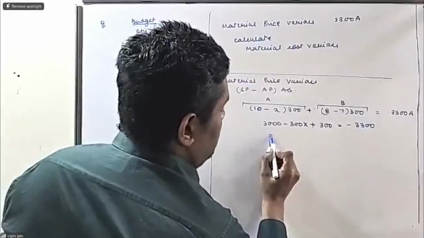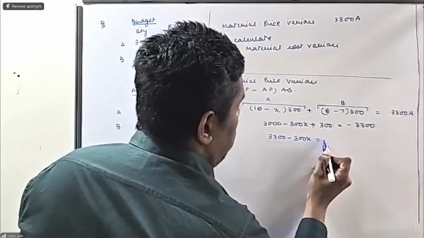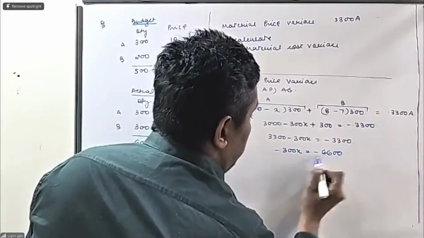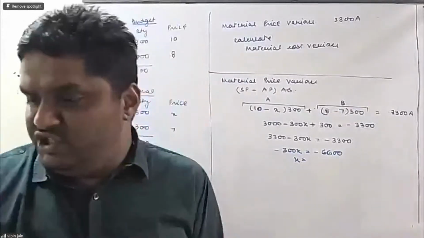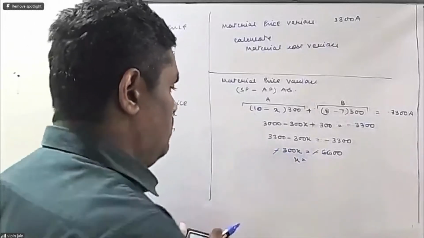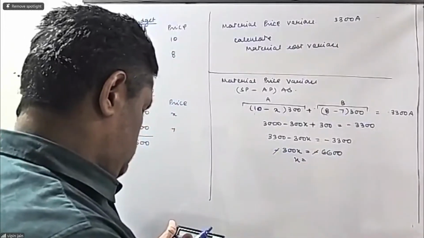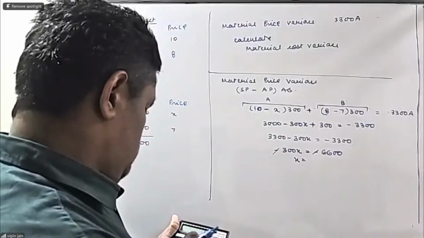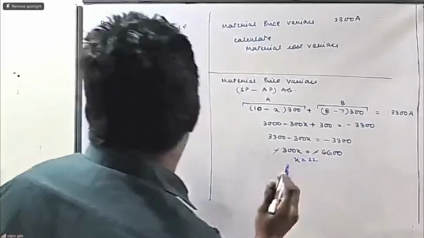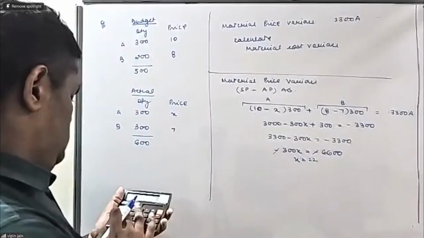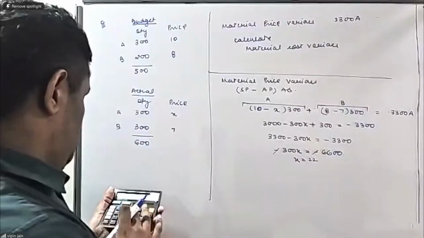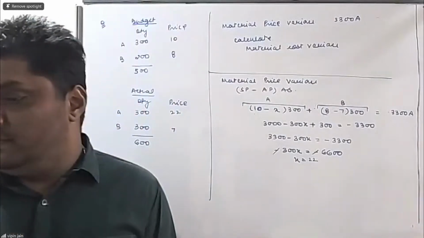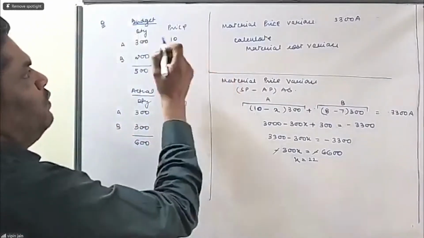So value of X will be how much? The value of X will be 22. So once this X is calculated, we can easily calculate the cost variance.